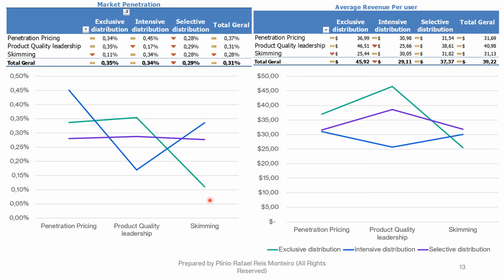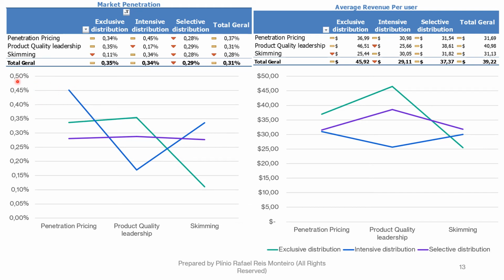So to really target the entire market, you need to reach more customers. And this is exactly what you see here with the intensive distribution, and they perform really well with the penetration pricing. So if you're going to reduce your price, it means that having an intensive distribution will allow you to reach coverage, to cover the entire market.